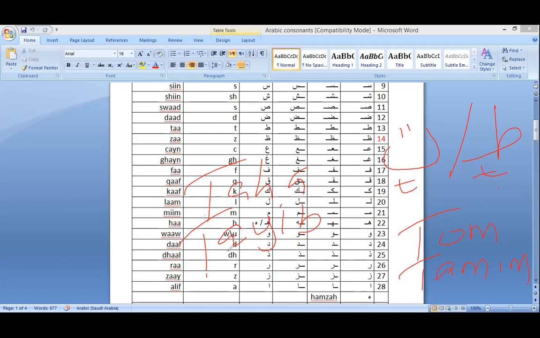Taha and Tayyib. Yes, Adim. Ta and Ta. How do you read these names? Taha and Tayyib. This one? Tom and Tamim. Tamim, yes. So this is Taha. You say Taha, Taha, Ta, Ta, Ta, Taha.